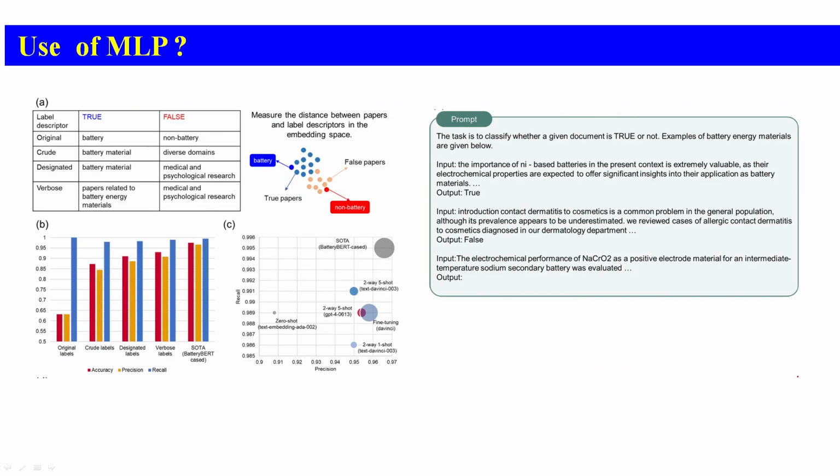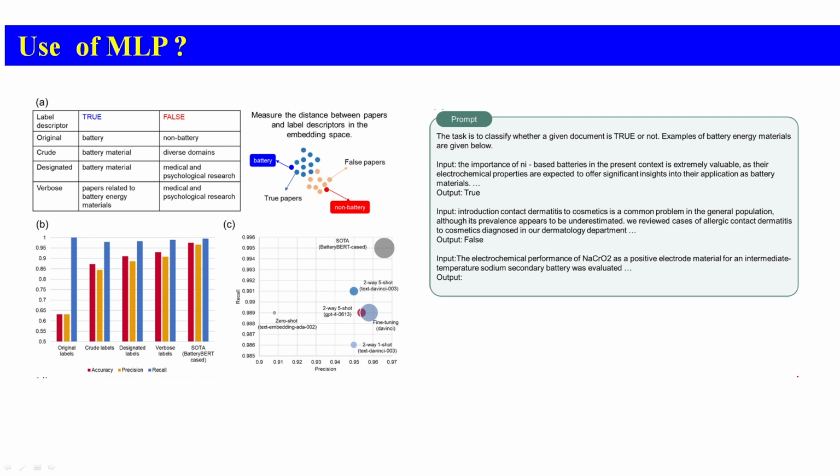Let us give an example of that. Let us talk about battery materials. There are a lot of papers you will find which talk about battery materials. Some of them are true papers, which truly talk about battery materials. Some talk about an overview of something else, and those are called false papers. The first thing you have to do is classify that. Therefore, we have to use double descriptors in the embedding space. Am I clear? That is something which has been done.